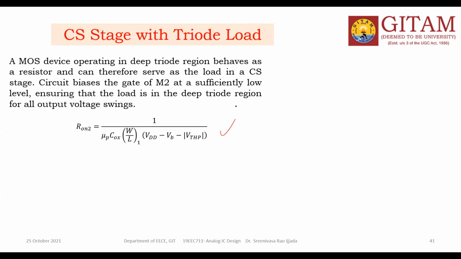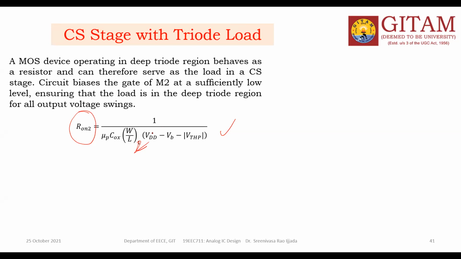So for the PMOS load working in the deep triode region, the on resistance is equal to 1 by (μp Cox (W/L)2 (VDD minus VB minus |VTHP|)). Small change: we are talking about the second transistor, M2, so that is W2 and L2.